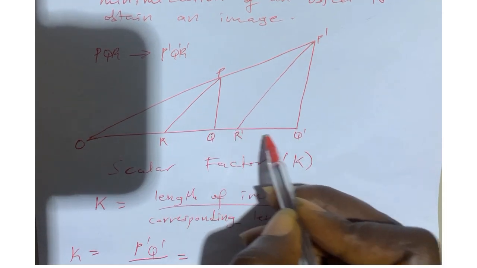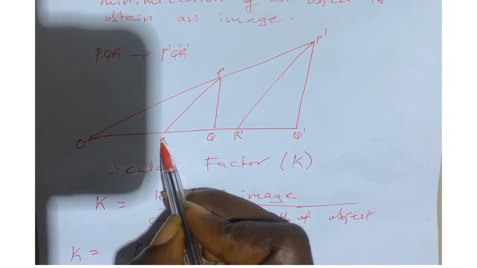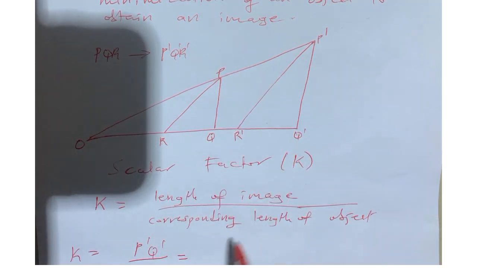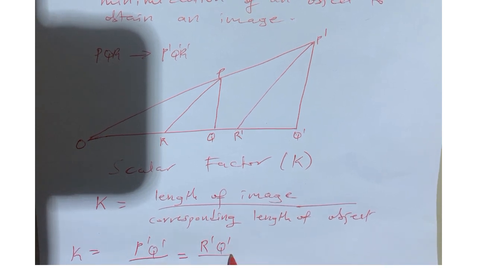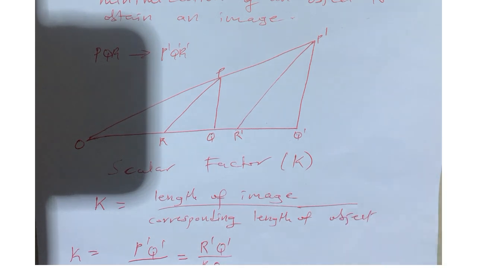And this side, R prime Q prime, corresponds to RQ in the object, right? We can also say that R prime Q prime over RQ can also give us what? Scale factor. Okay, it can also give us a scale factor.